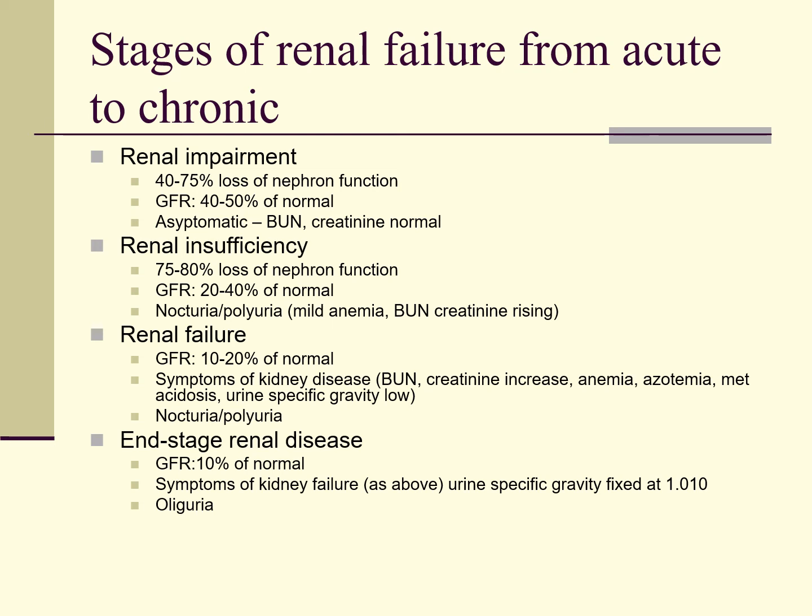So there's so much redundancy in the kidney. This is really helpful, but you get to a point where your BUN and creatinine are going to be rising. There's going to be a little bit more fluid in the system. They'll have some anemia from that, and also from the damage to the erythropoietin production.